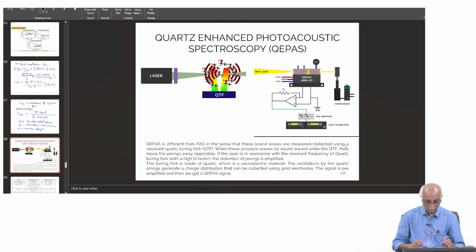Now, you could understand how absorption, it is also an absorption technique, but we are capturing the information in terms of the photoacoustic signal. So, why does this photoacoustic signal become much more important in biophotonics?